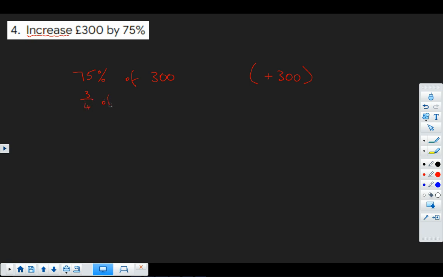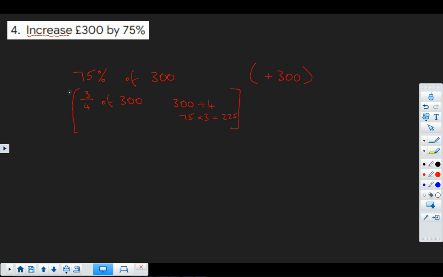So you'd then be left with a 3/4 of 300 calculation. We've just done a fractions of an amount calculation in an earlier question. So we would do that by dividing 300 by 4, getting the answer 75, and then multiplying by 3 to get 225.